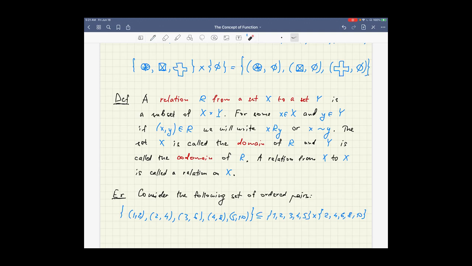Note, by the way, that this cross product will have 25 elements, and our set only has 5 pairs, right? A relation need not be the same as the cross product. A relation is a subset of the cross product.